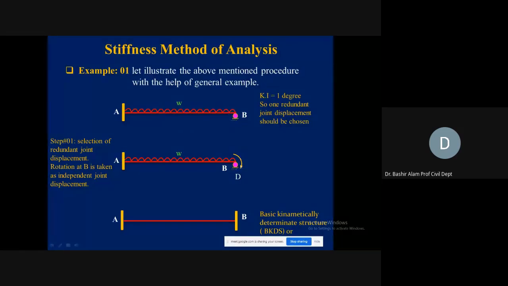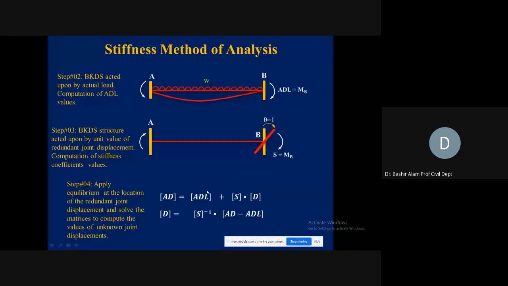So if we are choosing clockwise as our positive direction for this rotation, the corresponding action is in the counterclockwise direction. So our AD1 matrix will become equal to minus 1 foot because of the opposite direction of this moment.